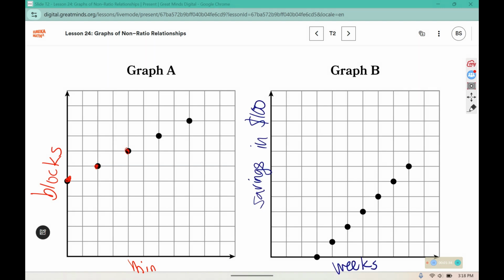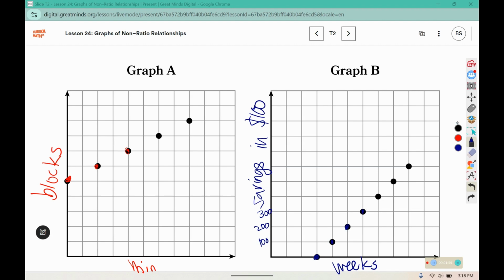Graph B might represent weeks and savings. Maybe they're counting by hundreds here. So after 3 weeks, they haven't saved any money. But then at 4 weeks, they've started to save $100. At 5 weeks, they've saved $200. At 6 weeks, they've saved $300.